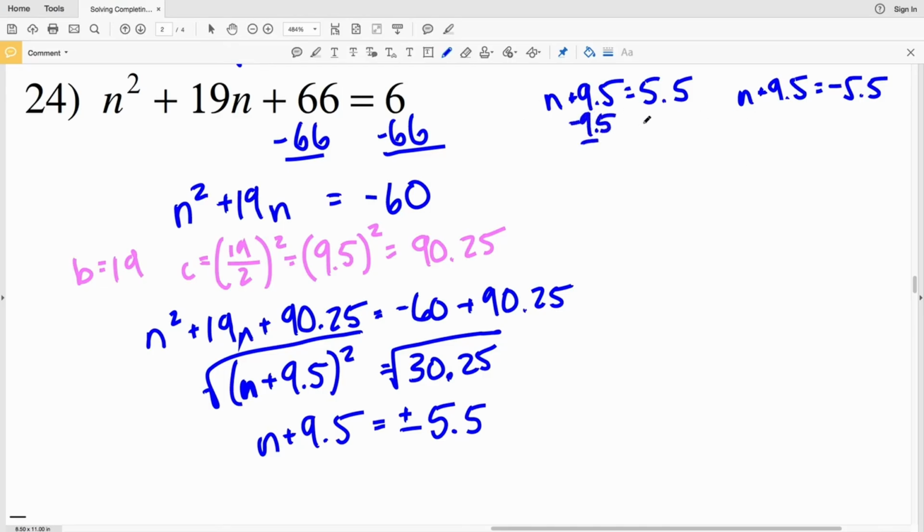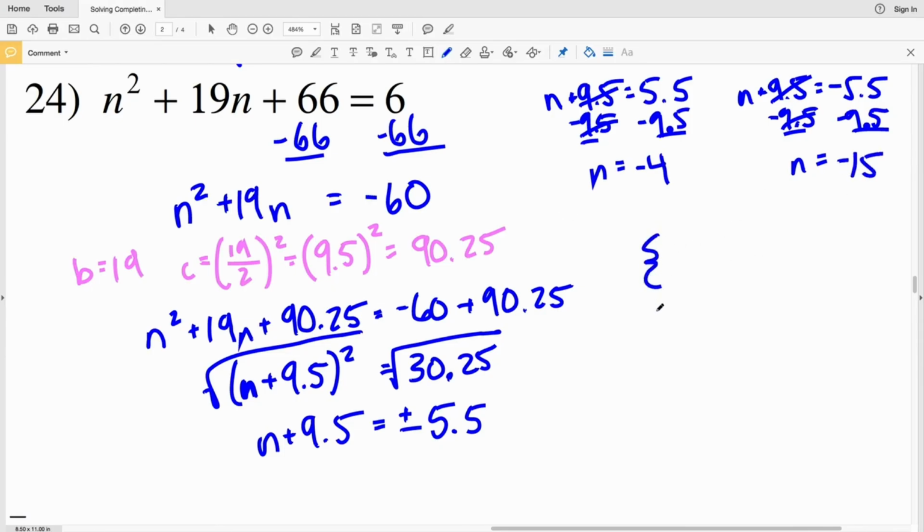And we'll do so by subtracting 9.5 from both sides in each in order to isolate that n on the left-hand side. So n equals 5.5 minus 9.5, which is negative 4, and n equals negative 5.5 minus 9.5, which is negative 15. So my final solution on this worksheet, negative 4 and negative 15.